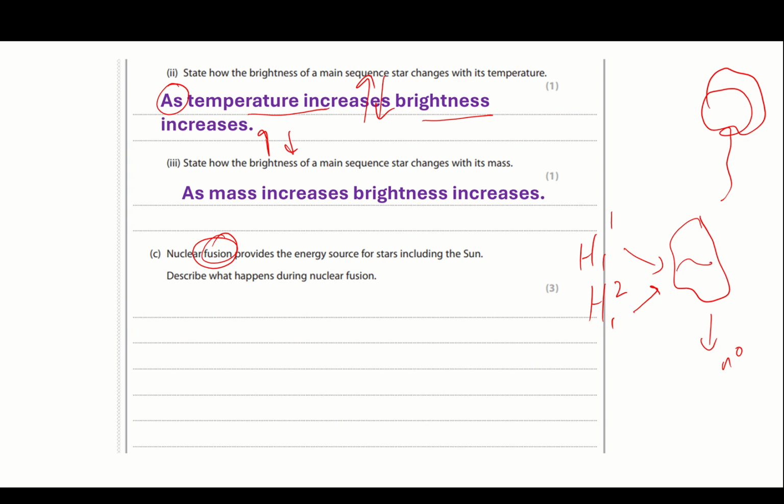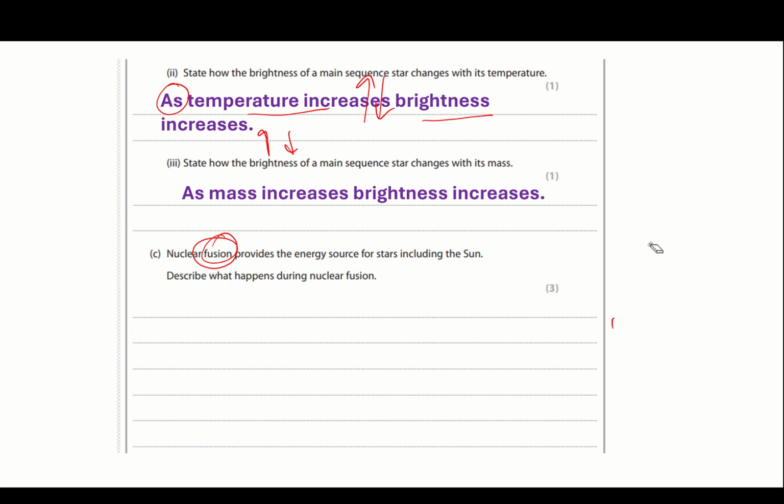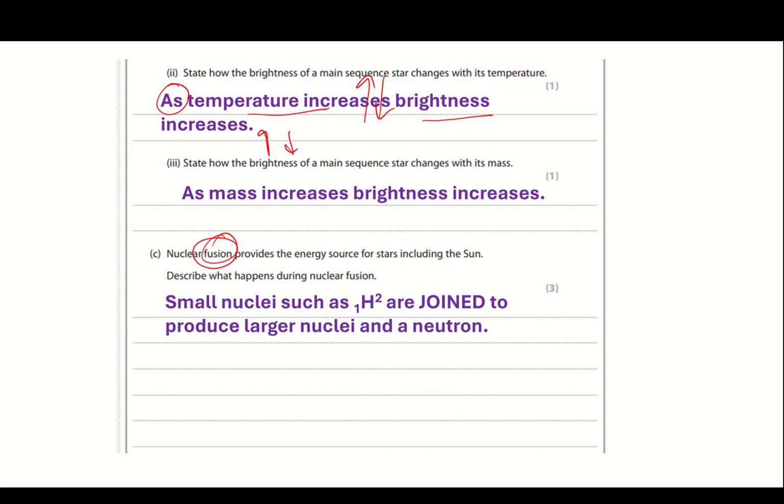And in the process, when this takes place, a tiny bit of mass is lost, and that's converted to energy according to Einstein's E equals mc squared. And 3 times 10 to the 8 squared is a pretty big number. So small nuclei, such as hydrogen, are joined to produce large nuclei and a neutron.